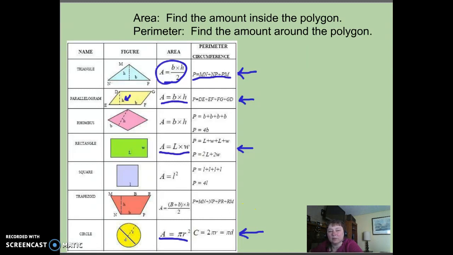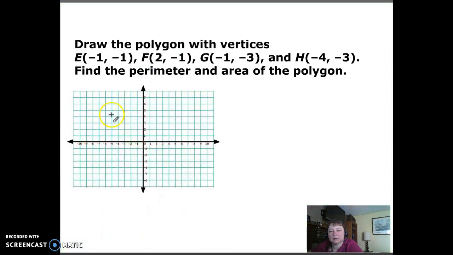Alright, so let's try a few of these. We're going to draw a polygon with the vertices, find the perimeter, and area. Alright, E is -1, -1. There's E. F, 2, -1. G, -1, -3.